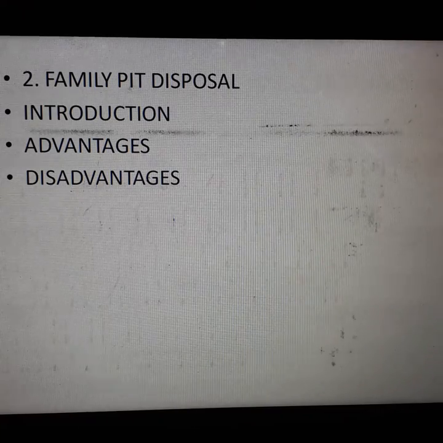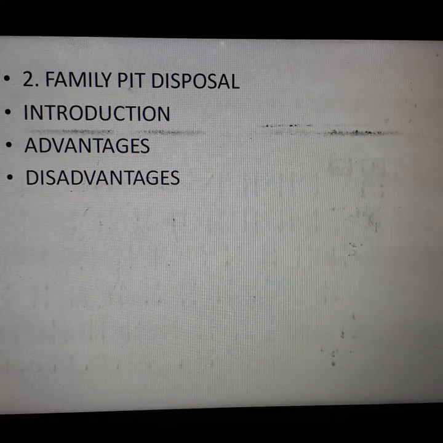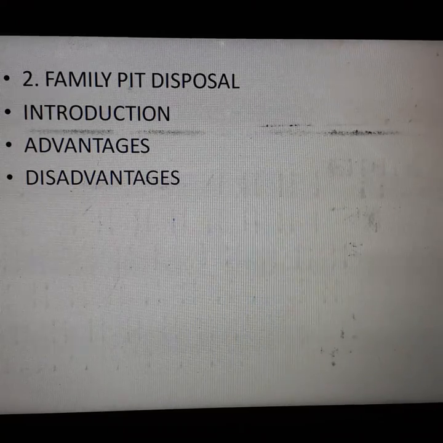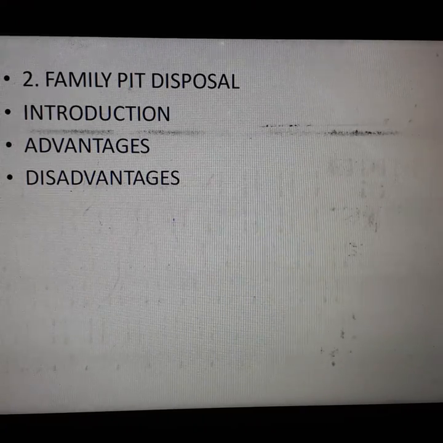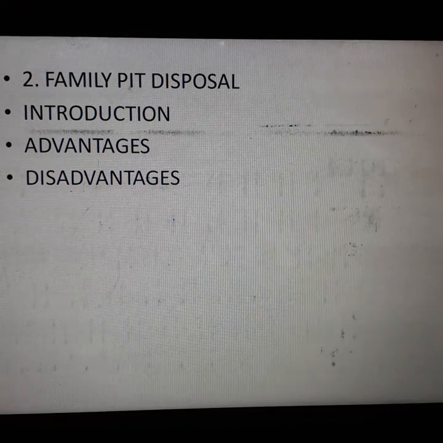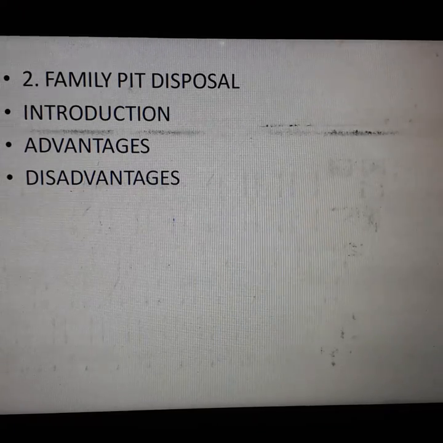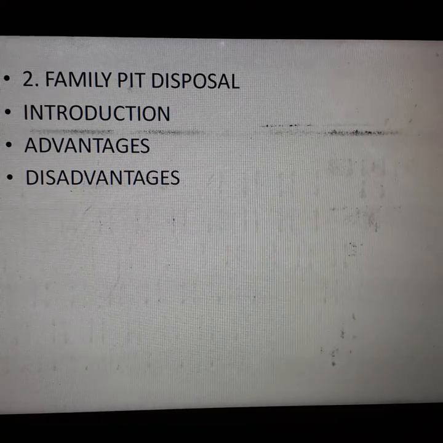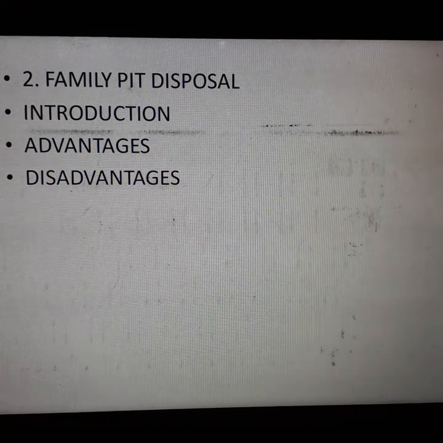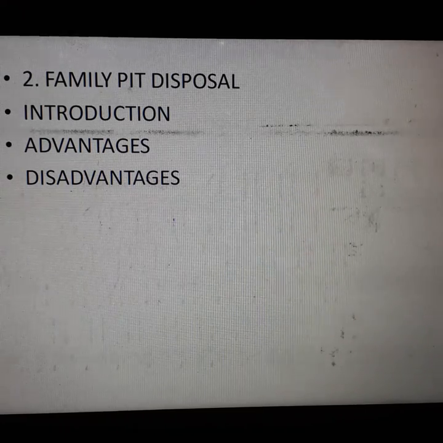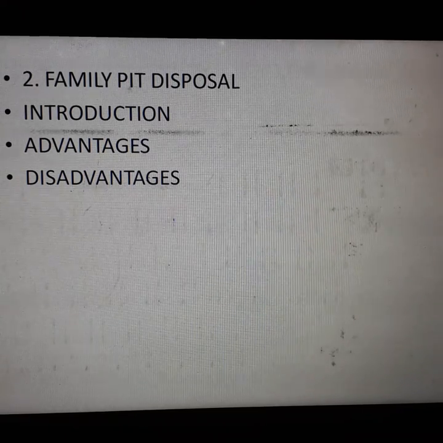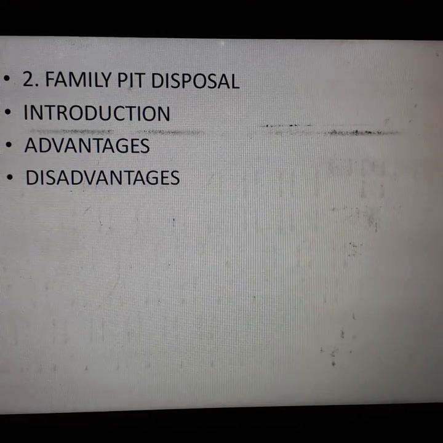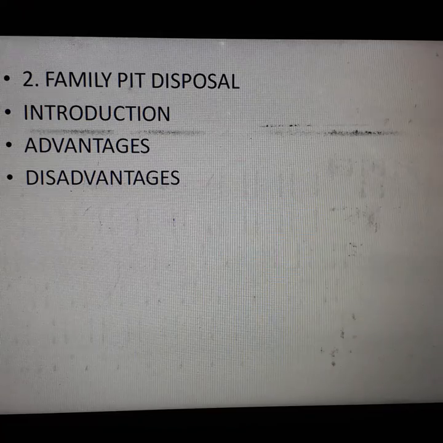This method is best suited where families have large plots and where organic food waste is the main component of domestic refuse. The advantage is families are responsible for managing their own waste, no external waste workers are required, and commonly mobilization can be incorporated into hygiene promotion programs.